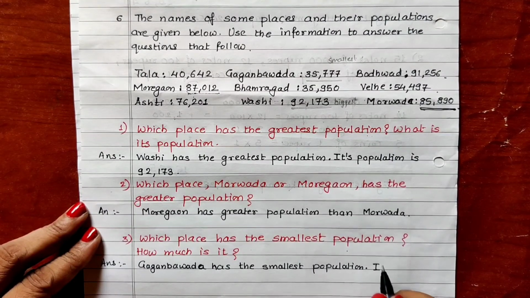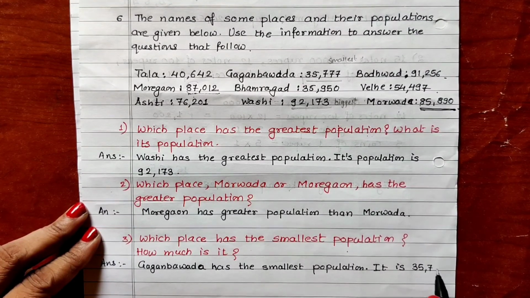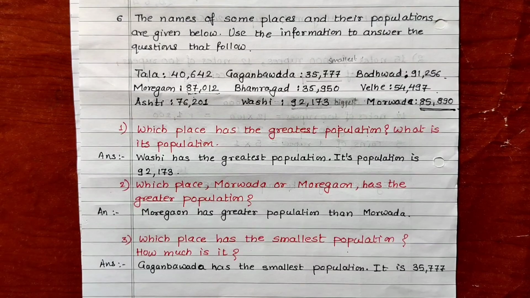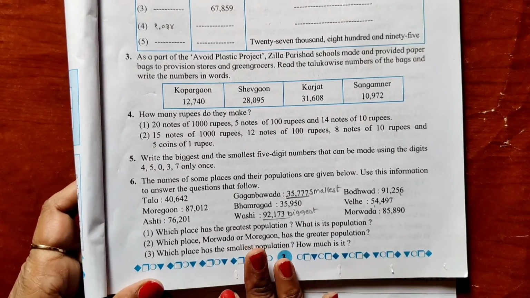The answer to the second question, how much is it, is 35,777. So in this way we have completed all the questions from problem set 2 in this second part also.